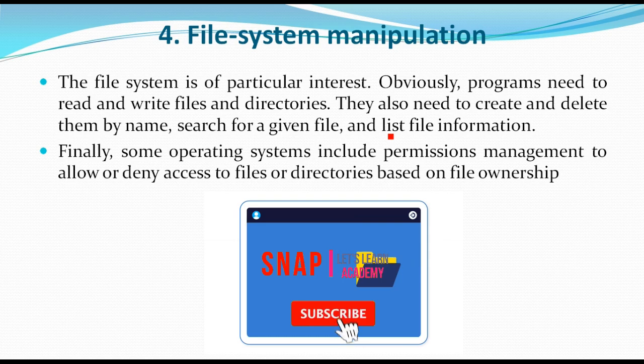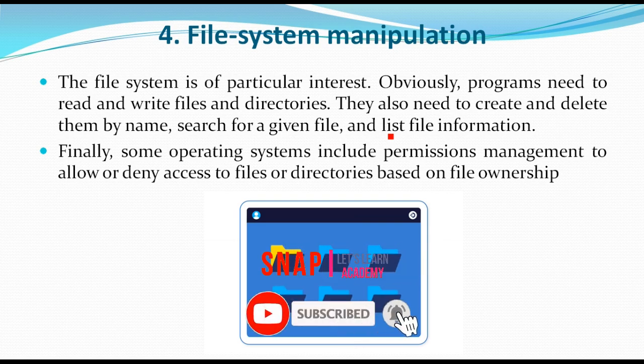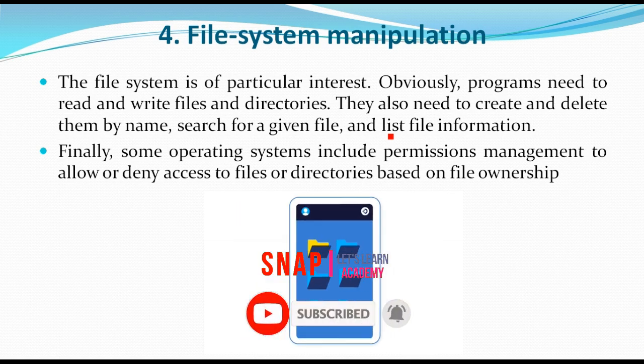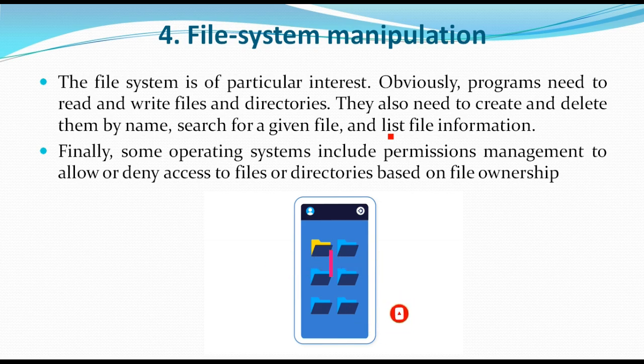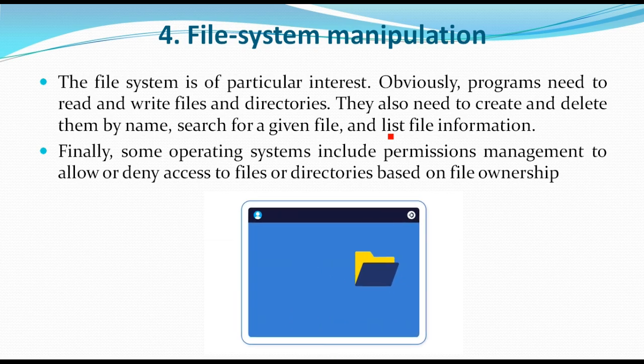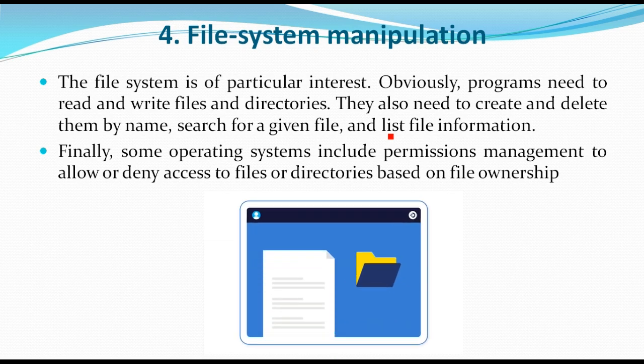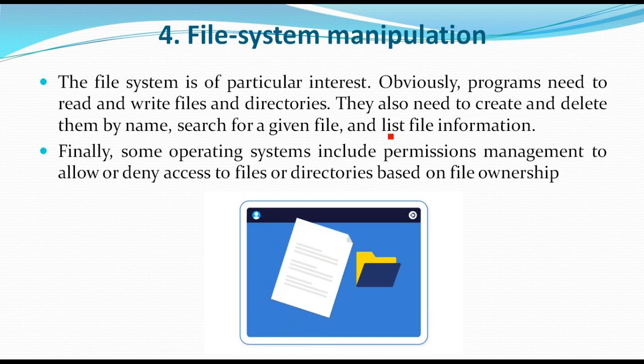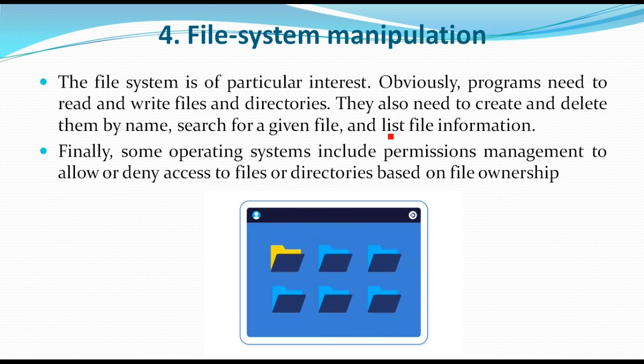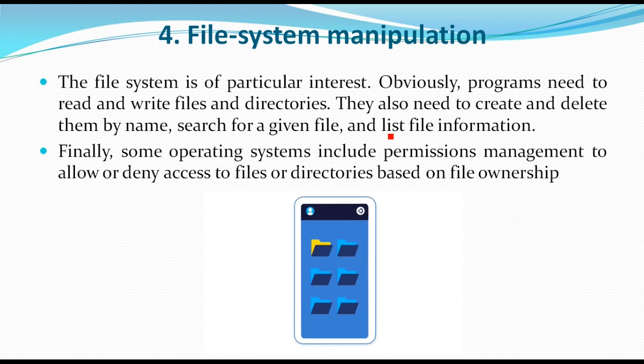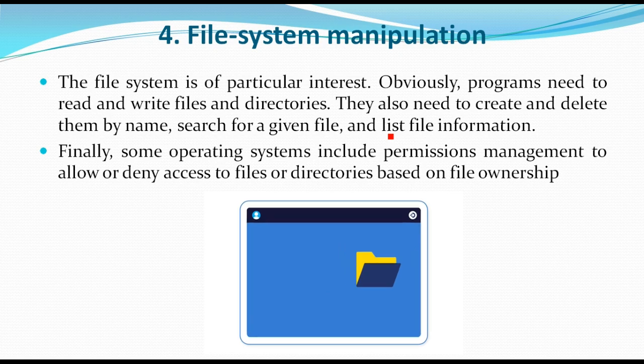There are n number of files and directories in the computer, and all those files and directories are managed by the operating system. They also need to create and delete them by name, or search by giving a file name, and list out all the file information. So all these tasks are performed by the operating system.